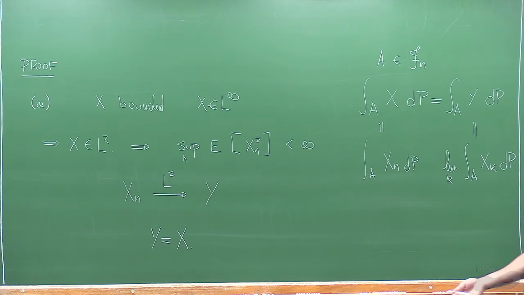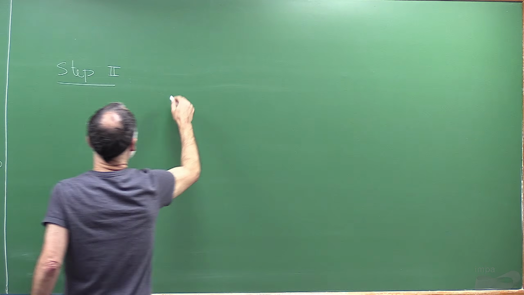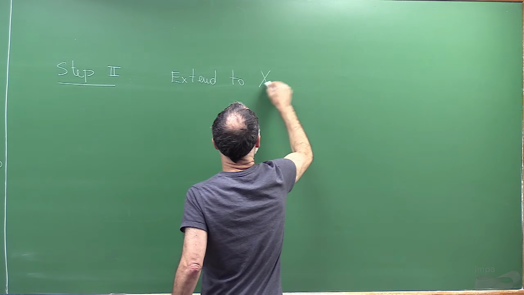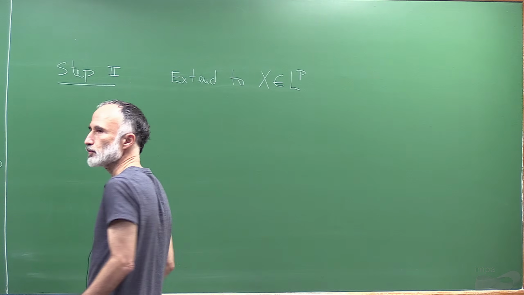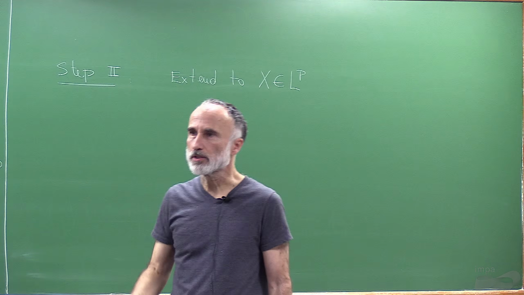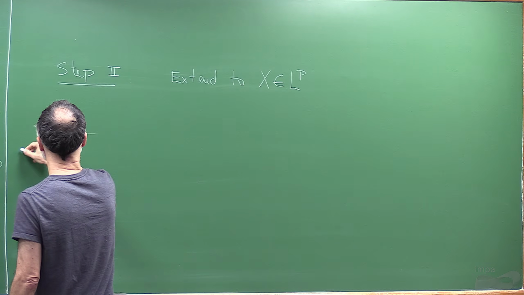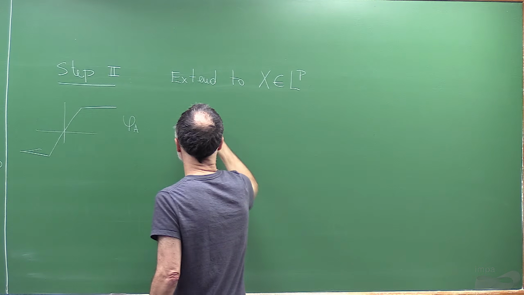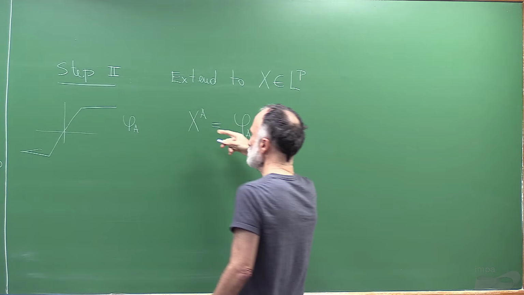Now the second part is to extend that to any x in LP. So, step 2 of the proof: extend to x in LP. What you do is approximate x by a sequence of bounded random variables. So let me take a function like that. Let me call it phi of a, and let me define xa to be phi a of x, which is bounded.